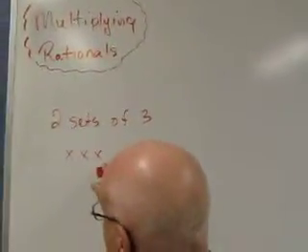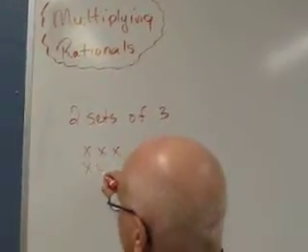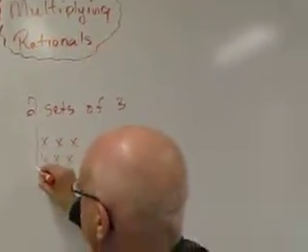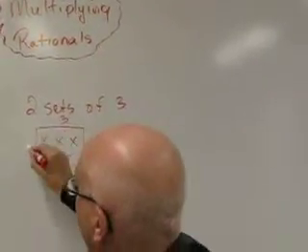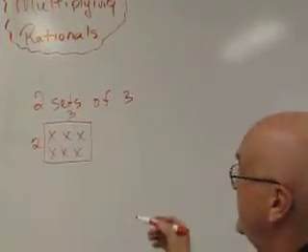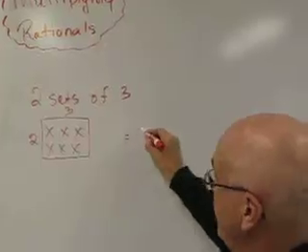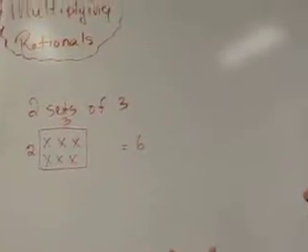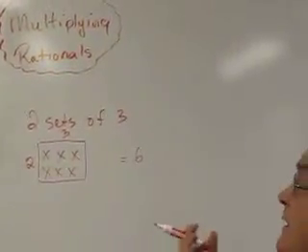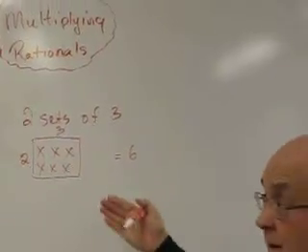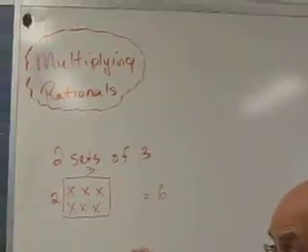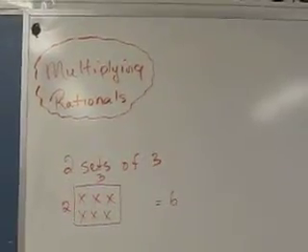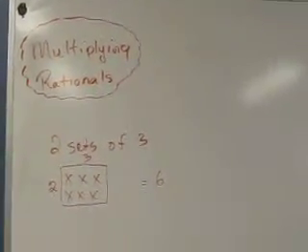I've got one set of 3 and a second set of 3, which gives me two sets of 3, which we know equals 6. So the point is, every multiplication problem can be represented as an array. An array is just like an area model. It's a method to establish multiplication.